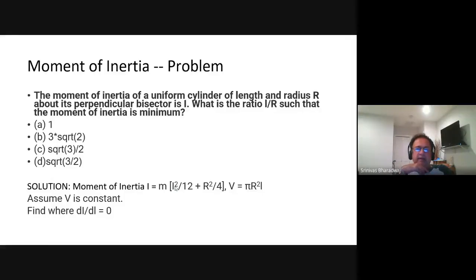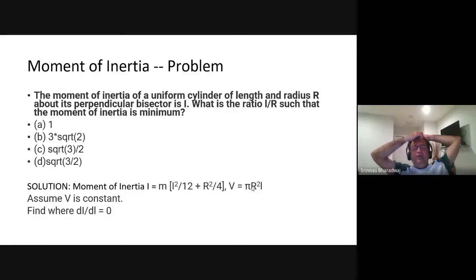He then writes V equals pi R square times L, and plugs that back in: into this equation, for R square he is going to substitute V by pi L.